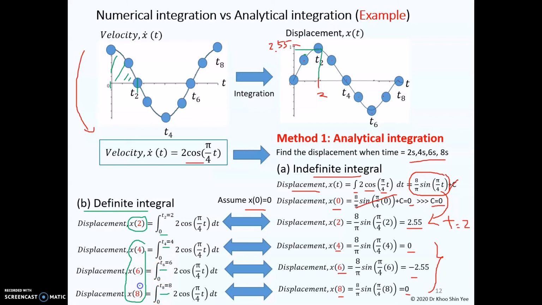For example, at t equal to 8, what you are doing is you integrate from 0 to 8 here. So you want to find the area under the curve, and the total area under the curve here is equal to the displacement result at t equal to 8. Both approaches give you the same answer.